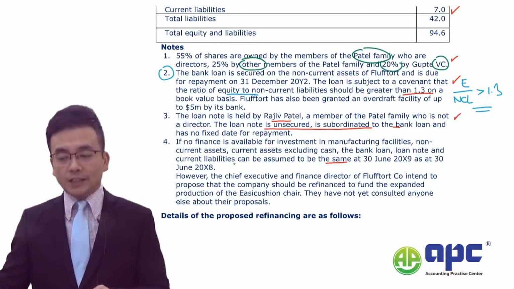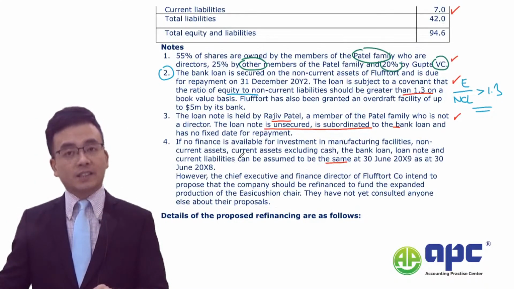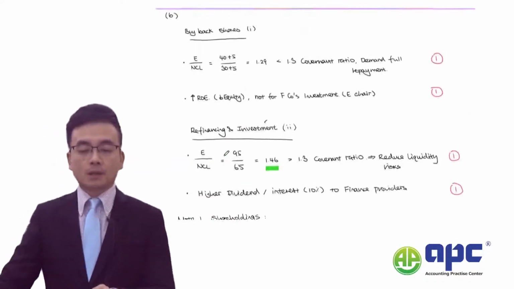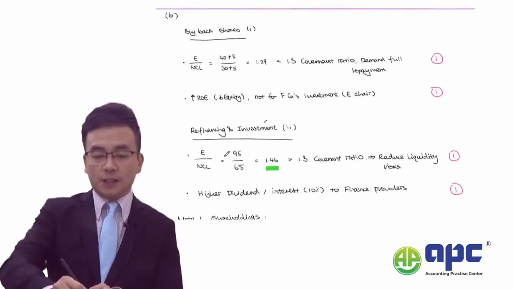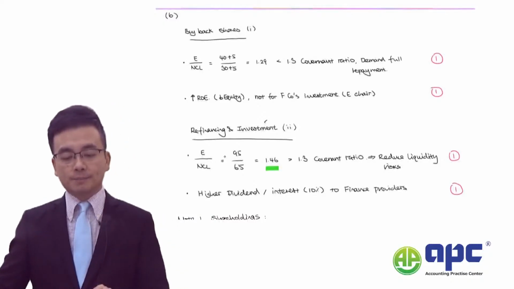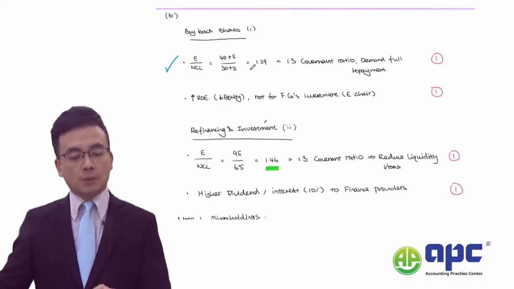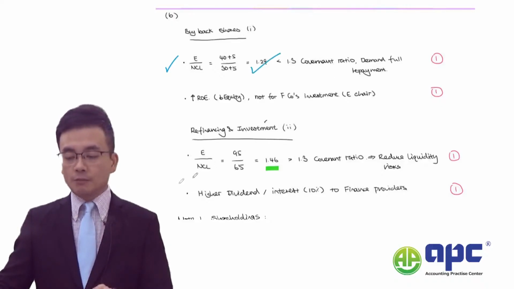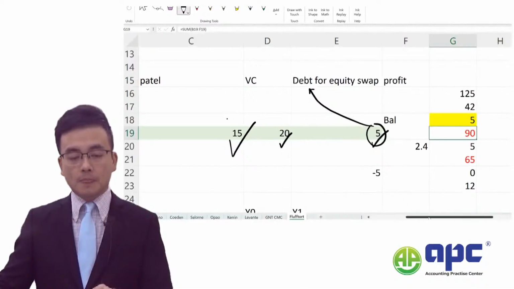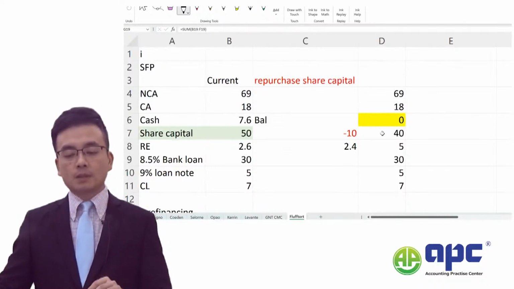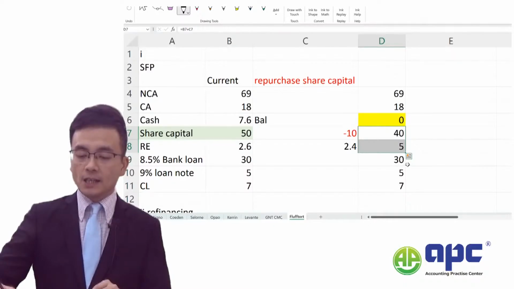So basing on this, if we were to calculate the equity over non-current liabilities, using, for example, the first scheme, buyback shares, you need to repay the amount because you just calculated it to be 1.29. Because for the first scheme, we are taking the equity of 45, divided by the non-current liabilities of 30 plus 5.